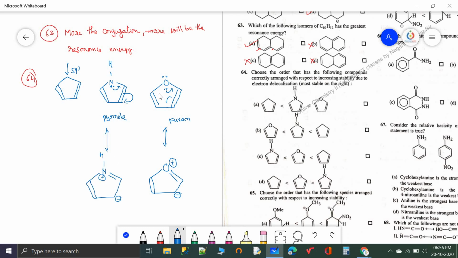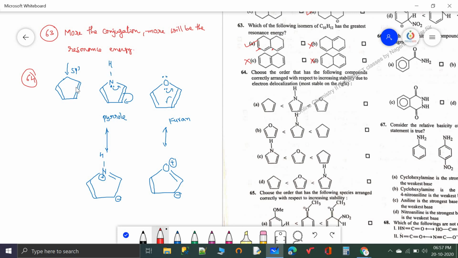Now the stability of these two molecules depends completely on their ions. Nitrogen is getting the positive charge, oxygen is getting the positive charge. Oxygen with a positive charge is unstable, because oxygen is more electronegative than nitrogen. So oxygen does not tolerate keeping the positive charge on it, so it always tries to get the charge back.